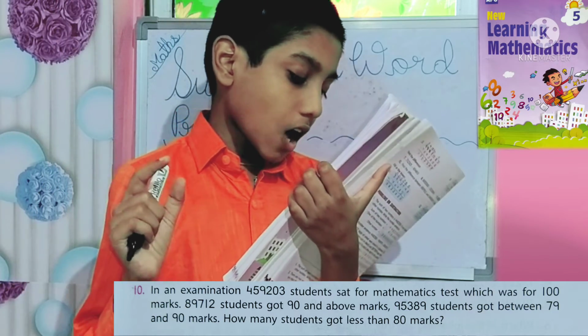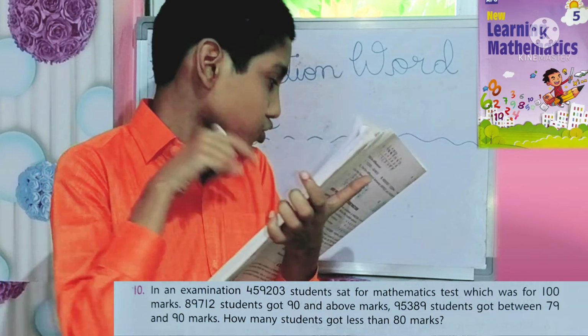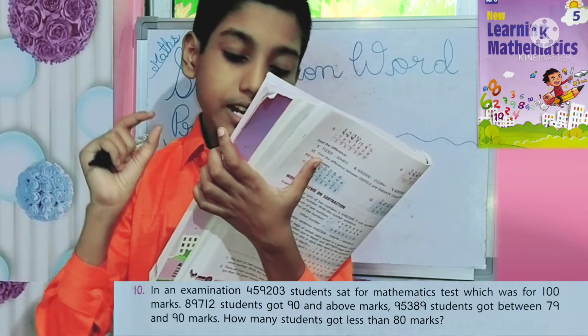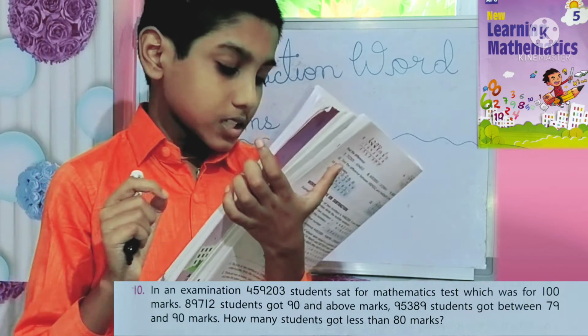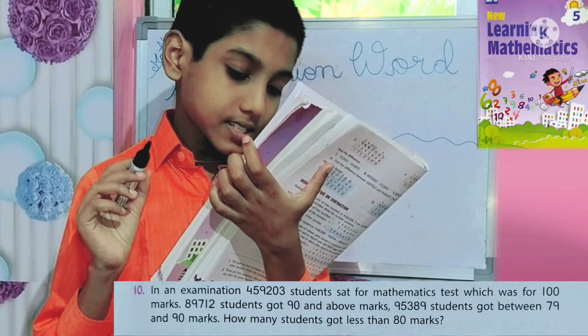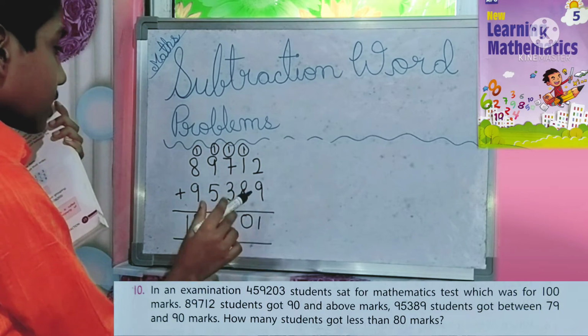Now it asks how many students got less than 80 marks. So after solving this, the next statement will be: number of students who got less than 80 marks equal to 4590203 minus 185101.